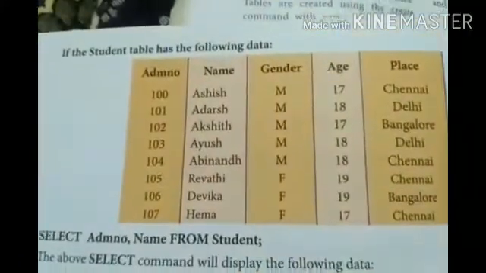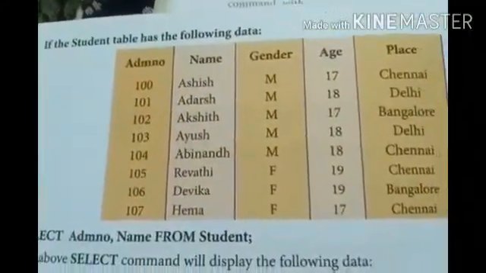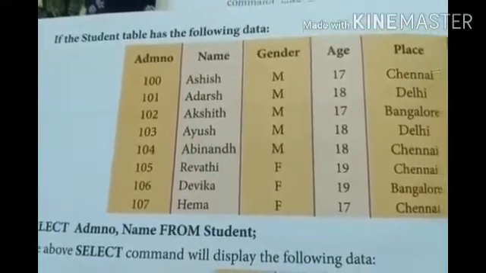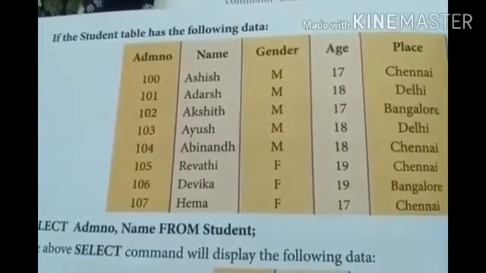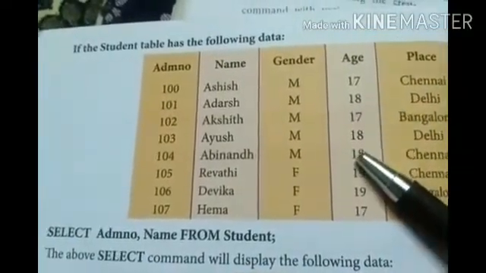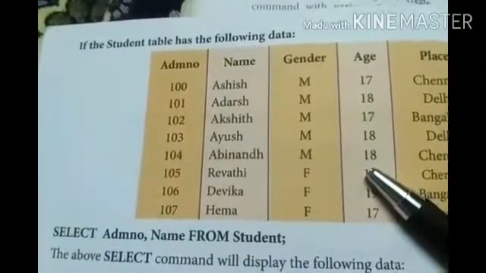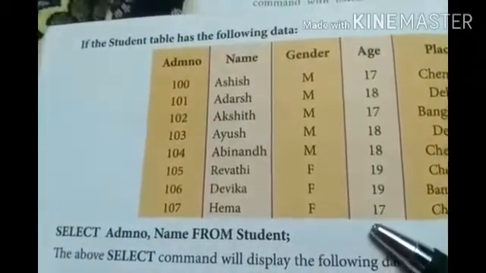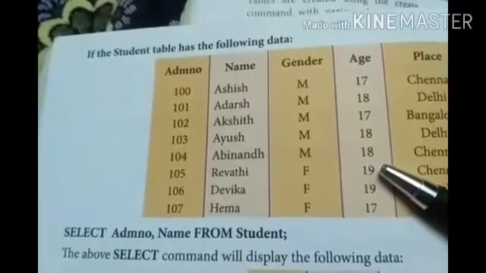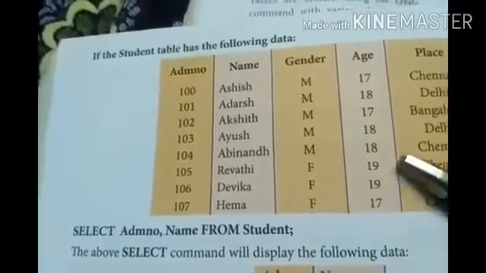Which records satisfy the given condition, age greater than or equal to 18? The second record Others, the fourth record Ayush, the fifth record Abhinand, and then Revati and Devika. So 5 records are satisfying the given condition.